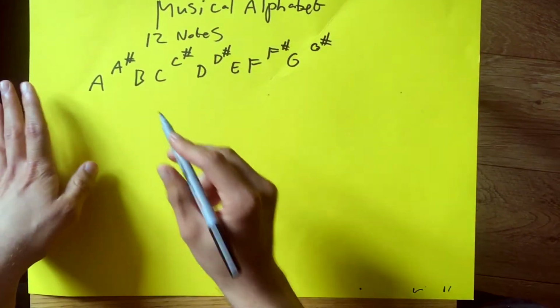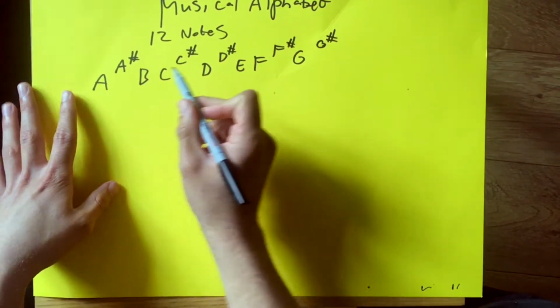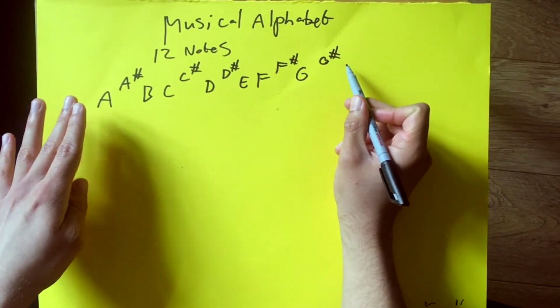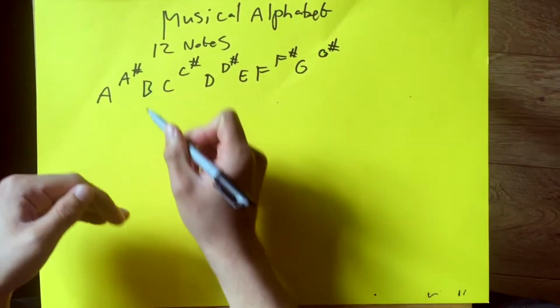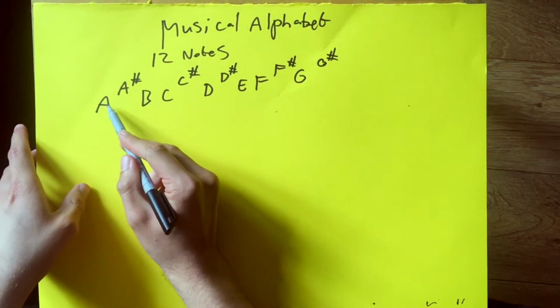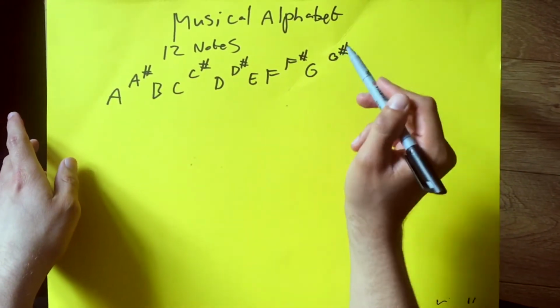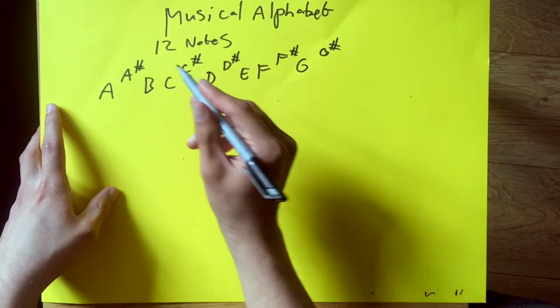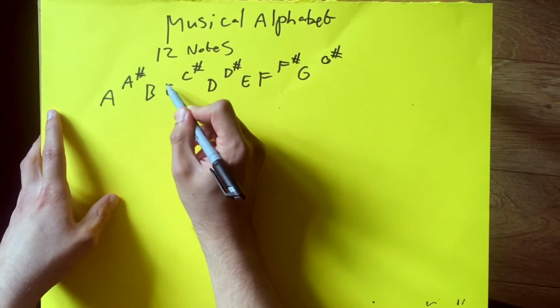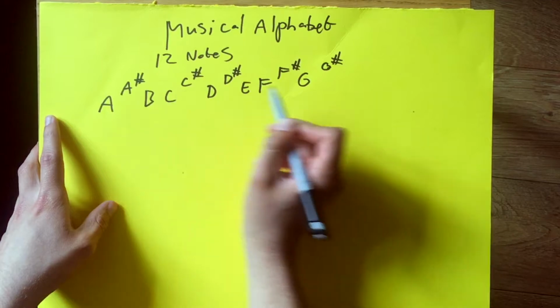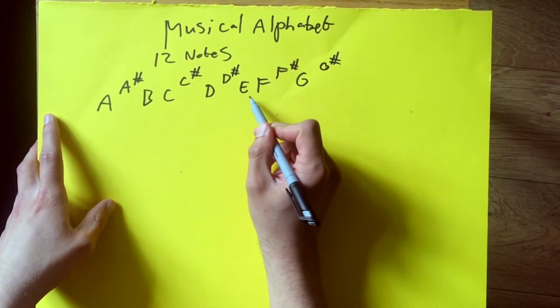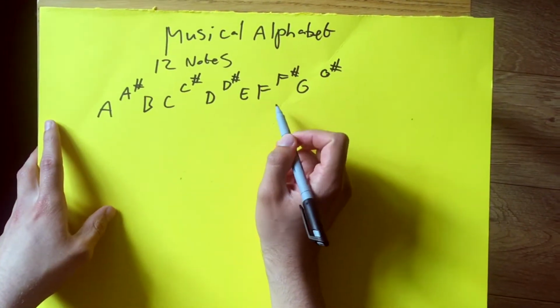Okay, for now we're just going to focus on the sharps. Nearer to the end I'm going to teach you the flats. So we've got A sharp, B, C, C sharp, D sharp, E, F sharp, G sharp. As you notice, between B and C there is no sharp, and between E and F there is no sharp.